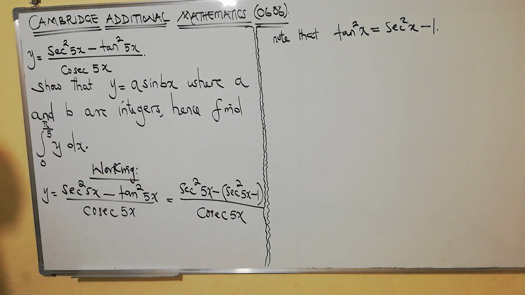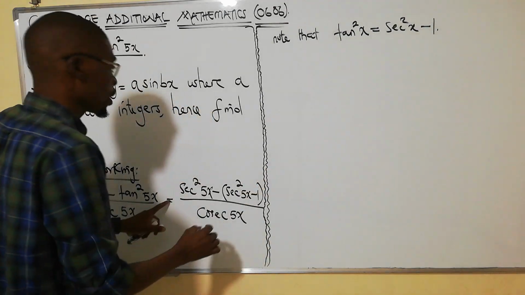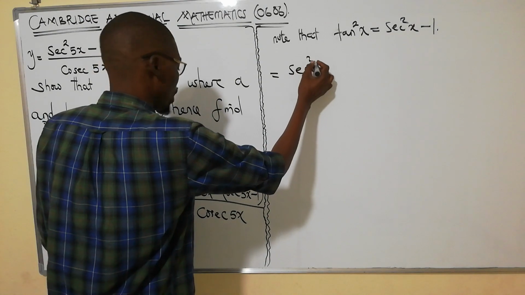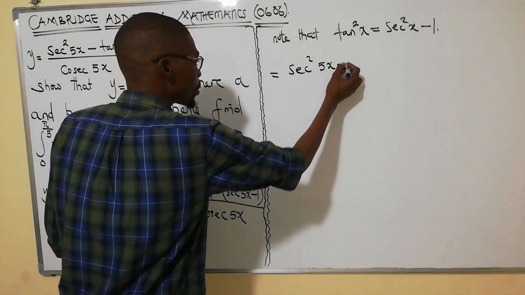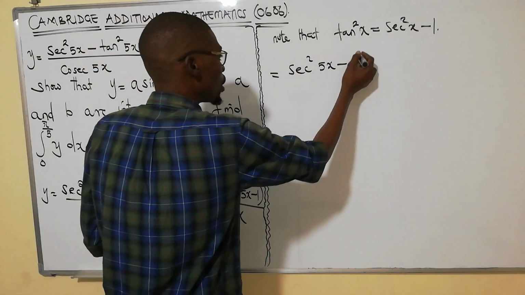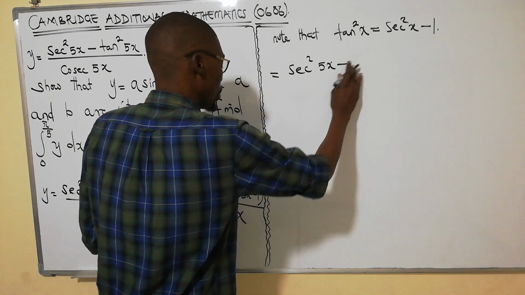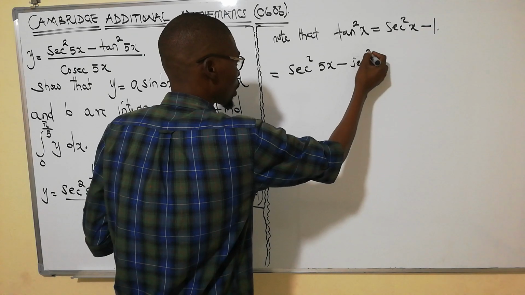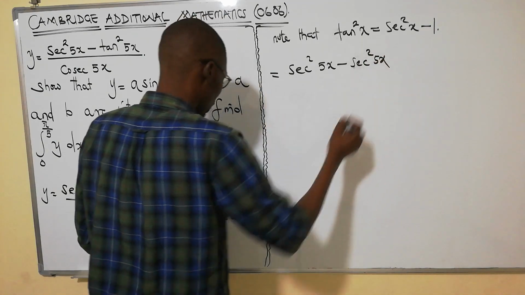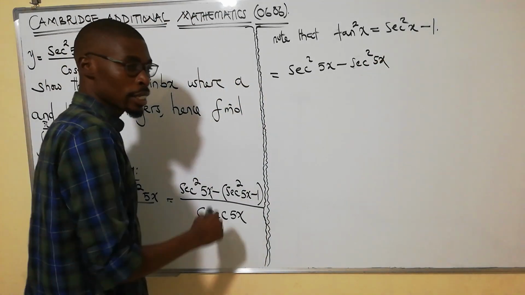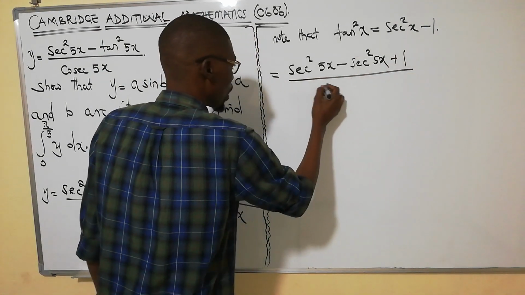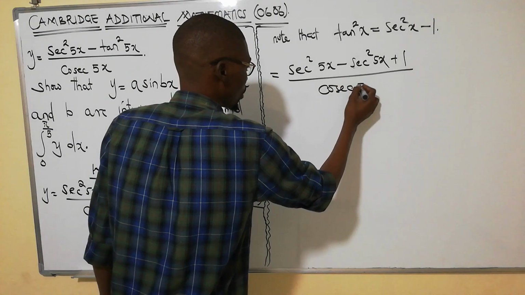From here, the negative times sec squared of 5x gives negative sec squared of 5x, and the negative times negative 1 gives positive 1, divided by cosec of 5x.